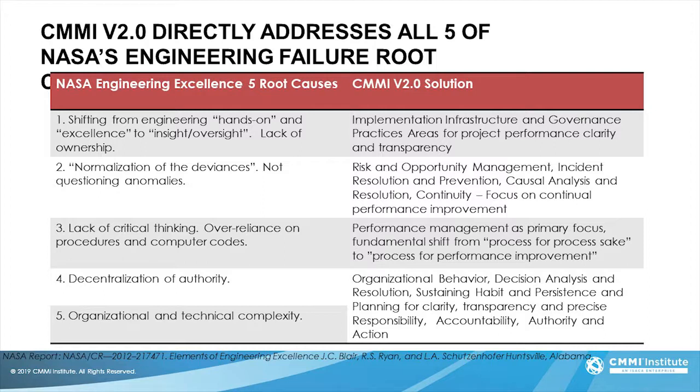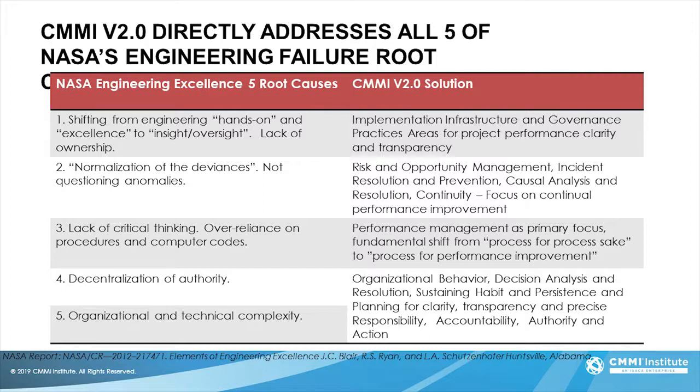In each case, the CMMI, we did this intentionally, you can probably put that together. We looked at each of those and said, how could we help NASA address things like shifting from the engineering hands-on, AKA little a, Agile, and excellence to insight and oversight. We're lacking ownership there at the project level, at the organization level. We have a solution for that in implementation infrastructure and the governance practice areas under our sustaining habit and persistence capability area. So again, multiple ways to address each of these.